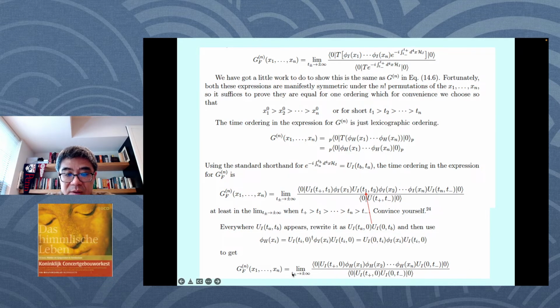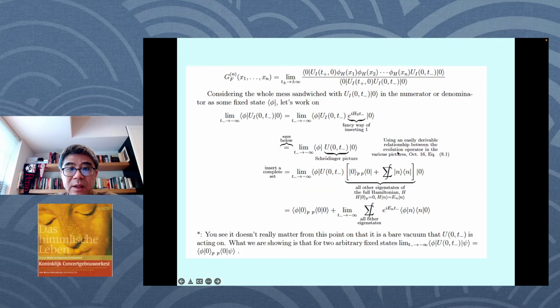And next, I'm going to show that this is related to phi h, the Green function I want to show. Okay, it's not that difficult, but this is the most mathematical part of this presentation. Best to look at this UI 0 t minus 0.